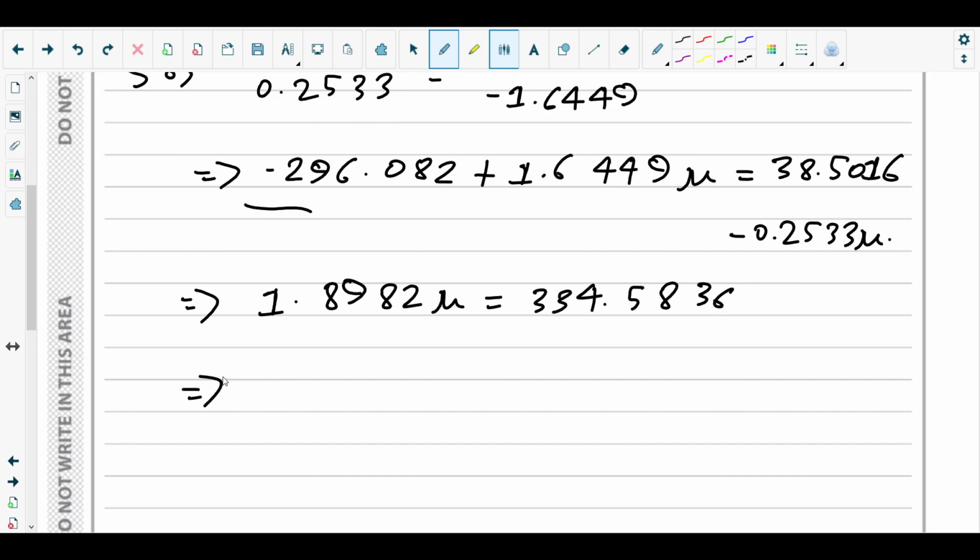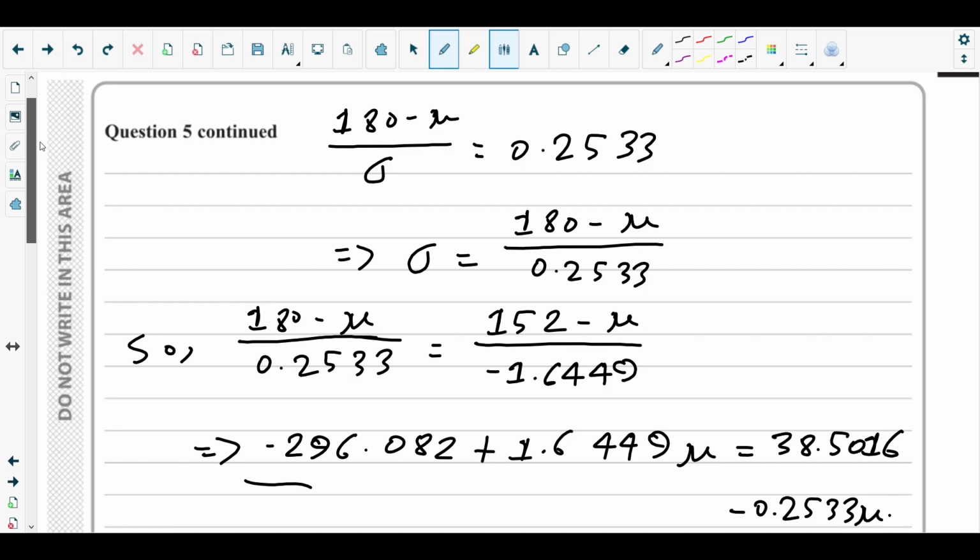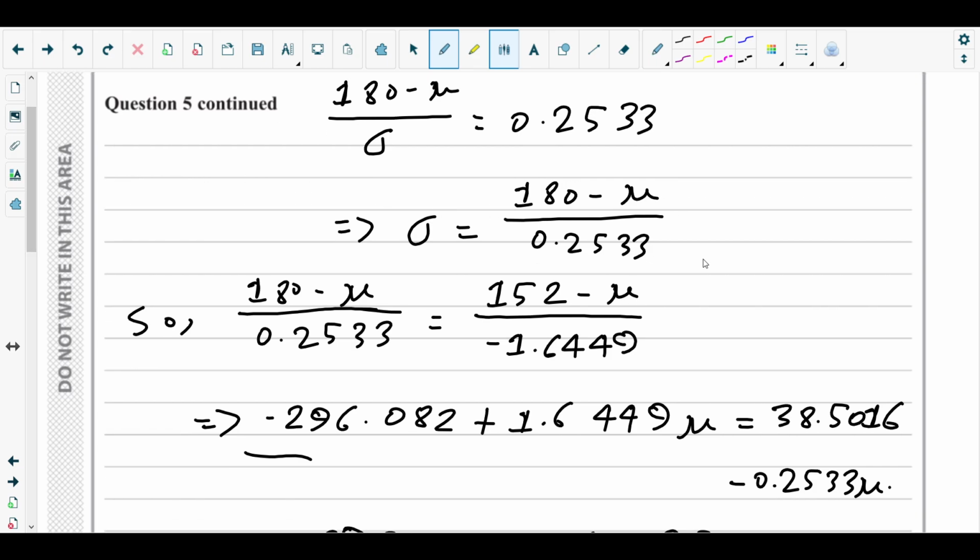What would be the value for mu? 334.5836 over 1.8982, this is basically 176.263, it keeps going.